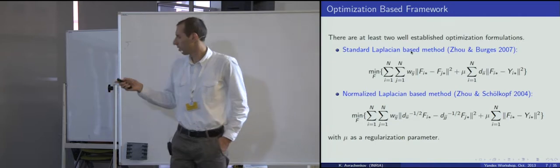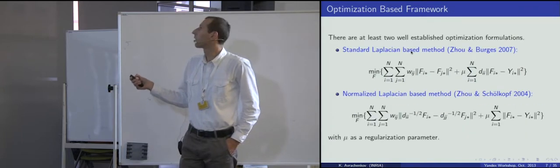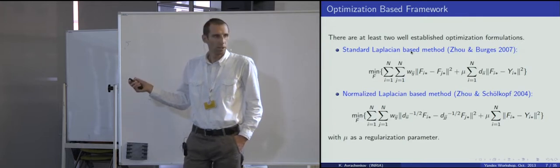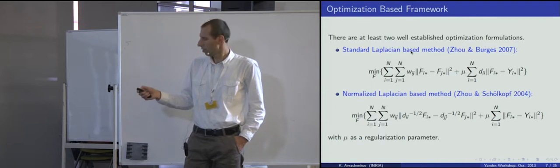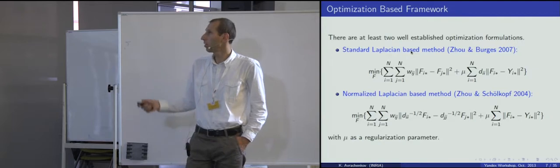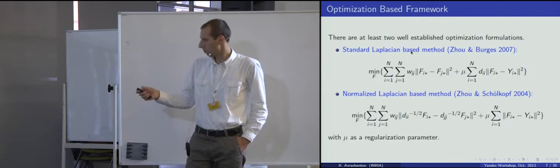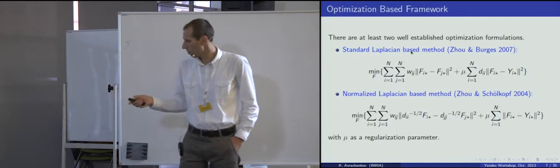On the other hand, we want the classification function to be close to the labeling function. Here the optimization has a similar structure, but different weights. And mu is the regularization parameter.